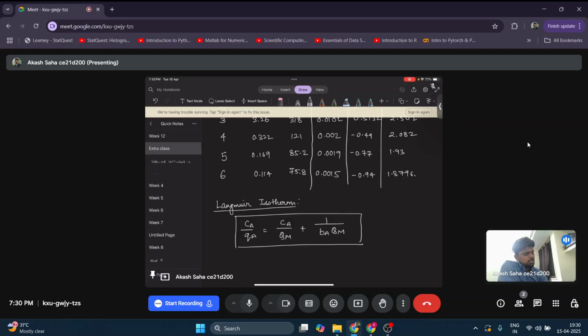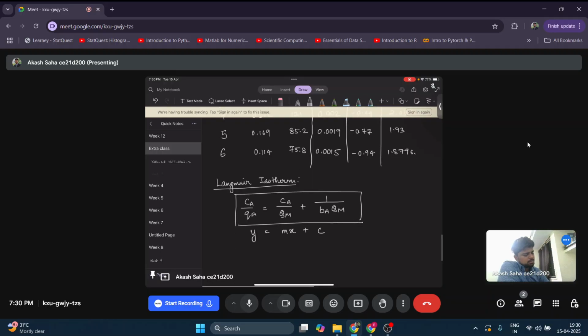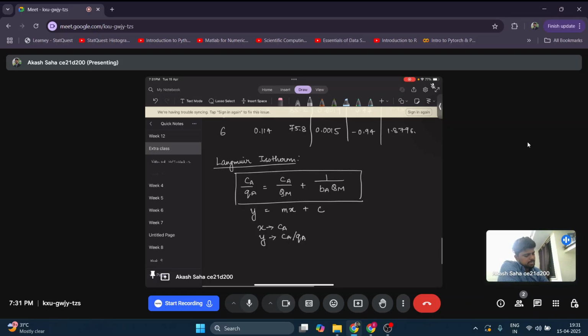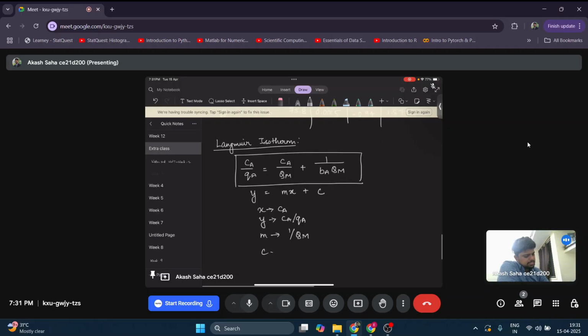It is the same as y equals mx plus c. Here my x is Ca, y is Ca by Qa, m is 1 by Qm, and c is 1 by Ba Qm. If you get x, y, m and c, we will be able to find all the parameters.